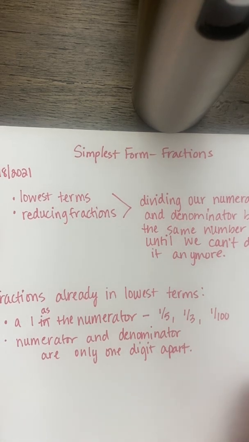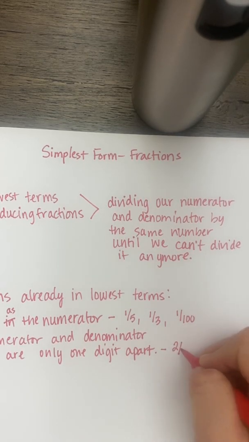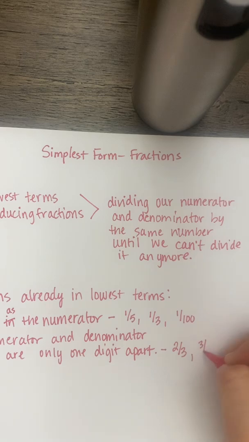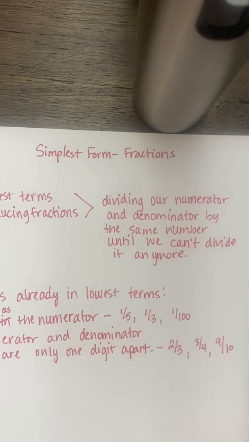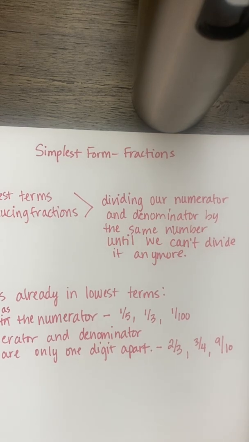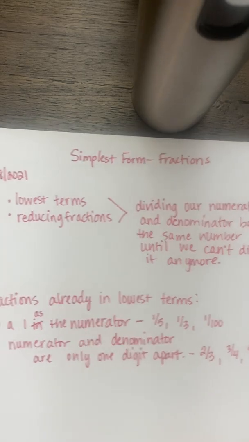If the numerator and denominator are only 1 digit apart, some examples are 2/3, 3/4, 9/10. That means they don't have any common factors. So there is not a number that the numerator and denominator can both be divided by. So we know that those types of fractions are already in simplest form, lowest terms, or reduced.